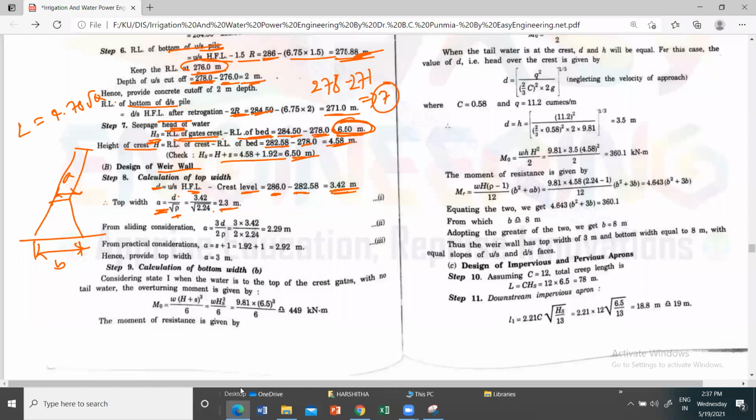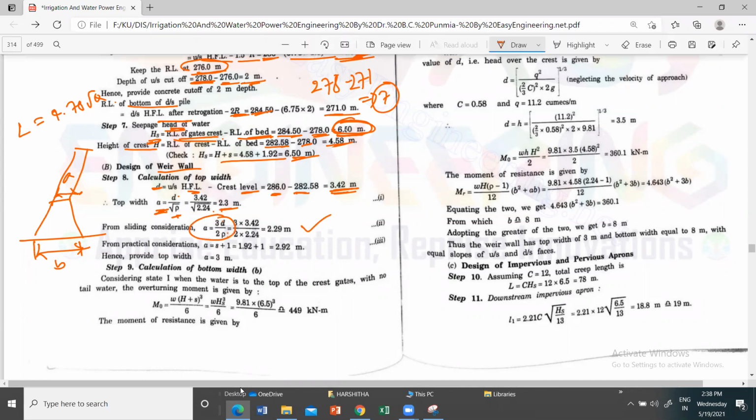Top width can be calculated by considering three considerations. The first one is from this formula, and the second is from the sliding consideration, where the formula is A is equal to 3 by 2 times d by rho.